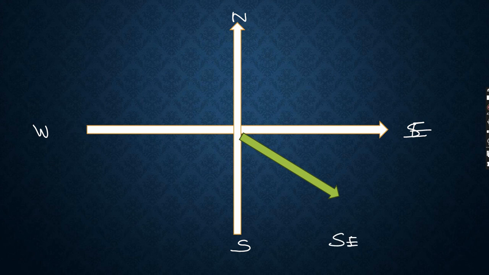Southeast means the angle is in between south and east, and it is in the midway, so we're going to have 45 here. To find the direction, you can move from the positive x direction all the way to here. Here we have 90, 90, 90 degrees everywhere. So it will be 270 plus 45, and we are going to have 315.